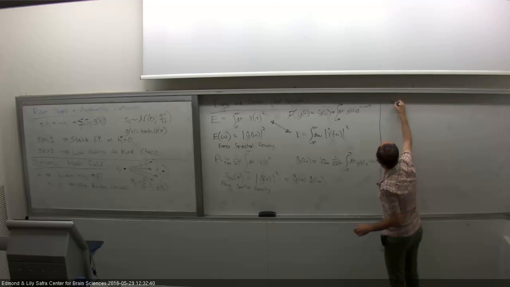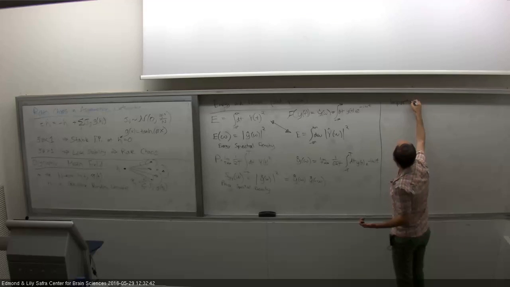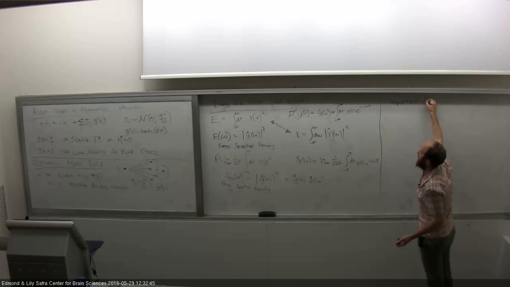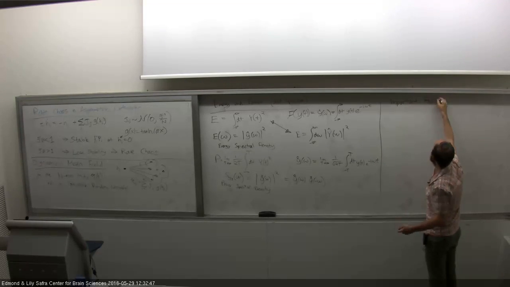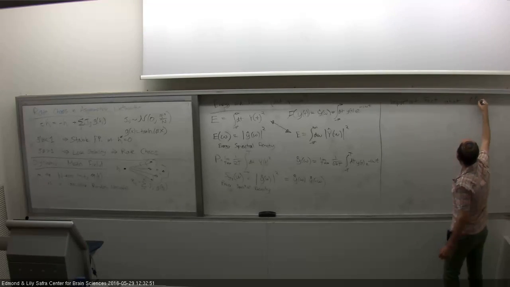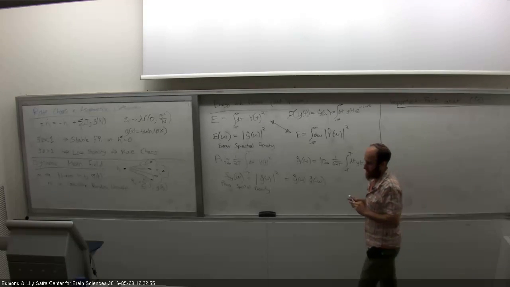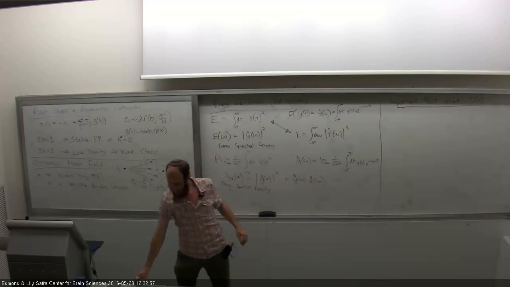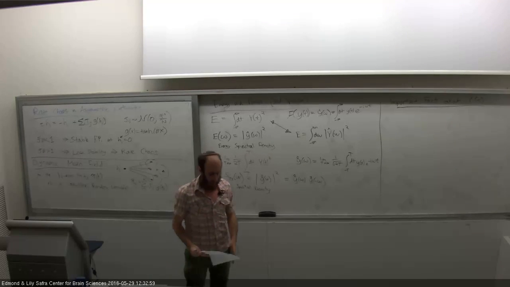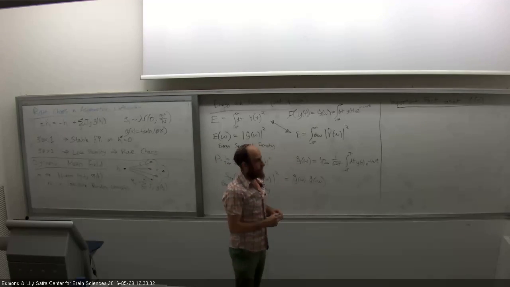Okay. So the reason this is important is because of an important fact about the covariance function, the correlation function. So we have an important fact about C of tau, basically its Fourier transform.